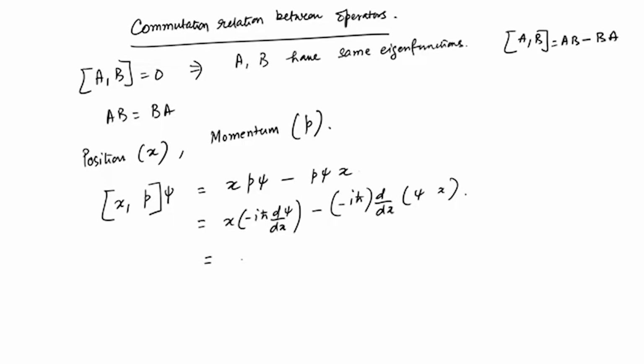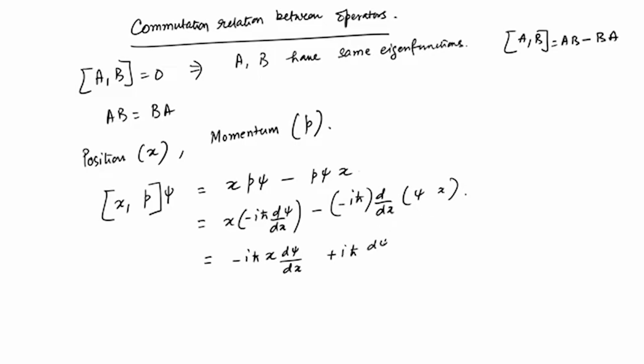And so, this is equal to minus i h cross x d psi/dx. See, minus i h cross is just a scalar quantity, and then this is equal to a plus i h cross, and now I have two terms.